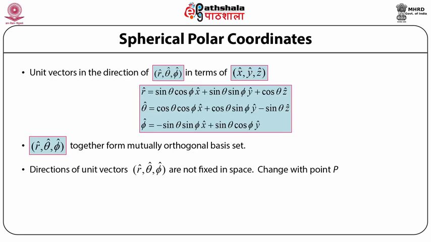The direction of the unit vector theta is perpendicular to the line OP and lies in the plane defined by moving from the z-axis onto the line OP; the unit vector theta will be tangential to this movement.